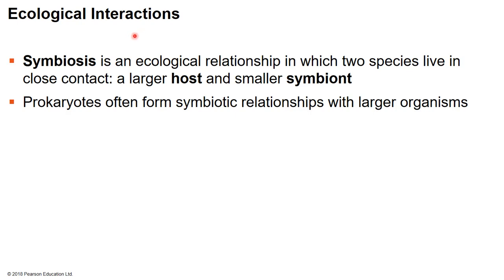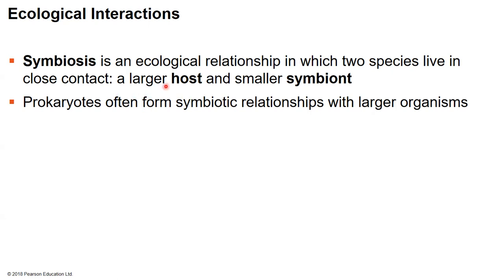So we're going to define the major types of these ecological interactions. We have a term called symbiosis. Symbiosis is basically a relationship in which two species live together.